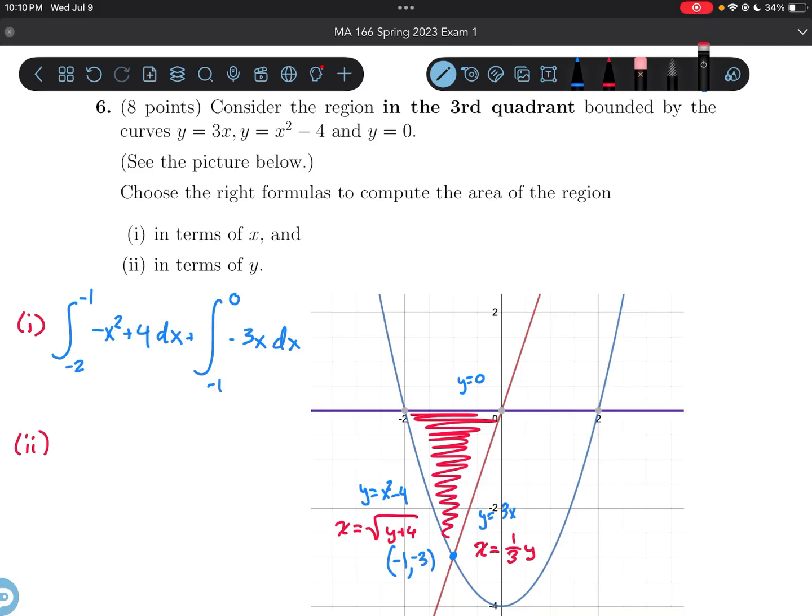Okay, so in this case, we do not need to split our region into two parts, because the part on top is x equals 1/3 y, and the part on the bottom is the square root of y plus 4.